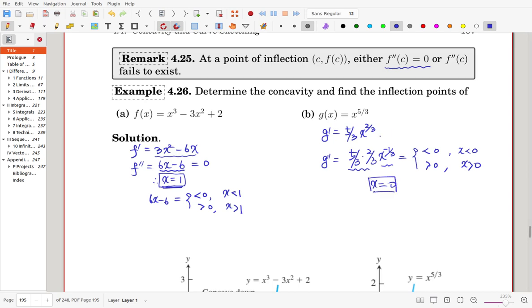Also at 0, g prime equals 0, so you can find the tangent line, and at 0 the y value is 0, so the tangent line is y equals 0, the flat horizontal line.